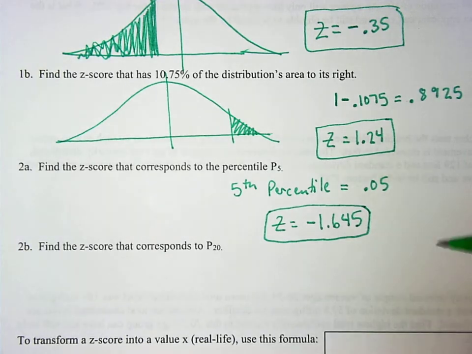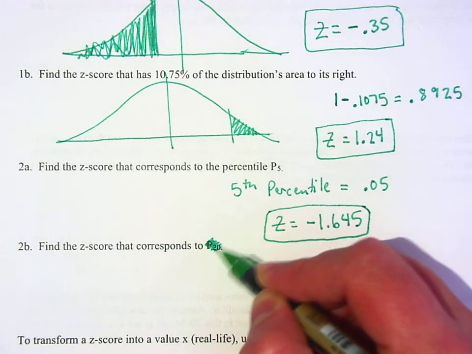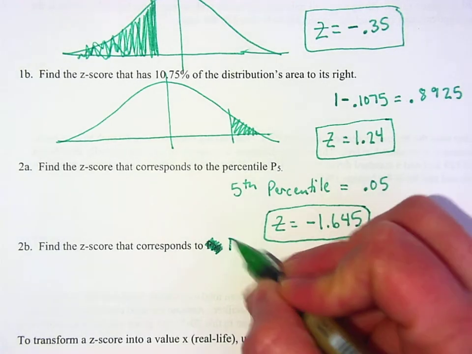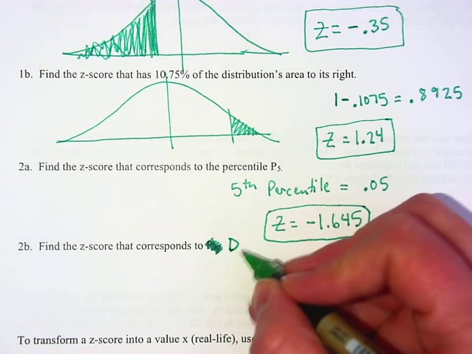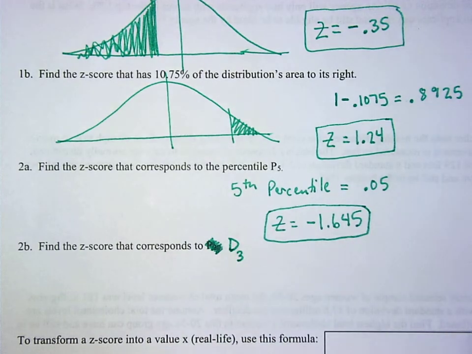Does everybody understand that one? Okay, now, sorry if you worked ahead of time because I'm changing the problem. I want you to change it, cross it out, and write a D, and then a 3. If P is percentile, what is D? Anybody know that word? It's a decile.